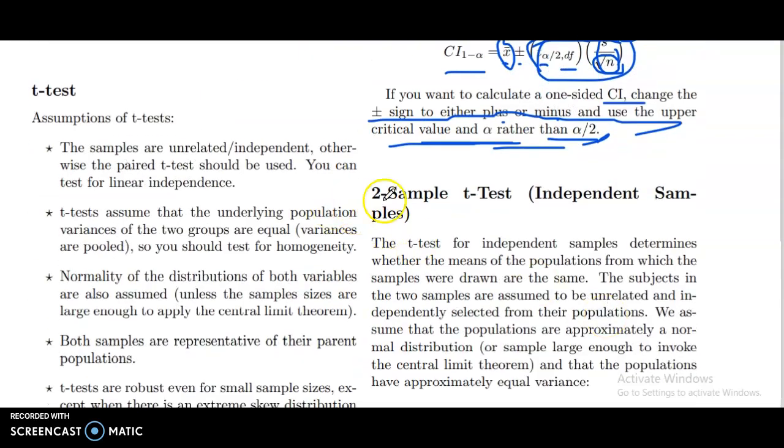Okay. Two sample t-test, independent samples.